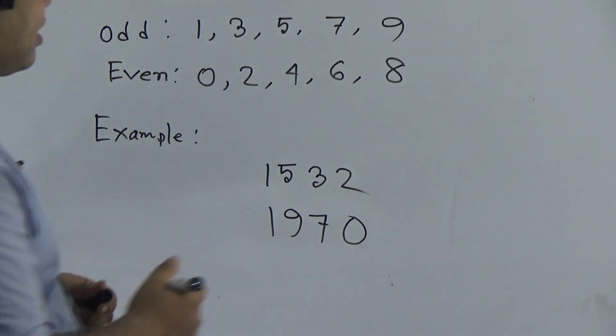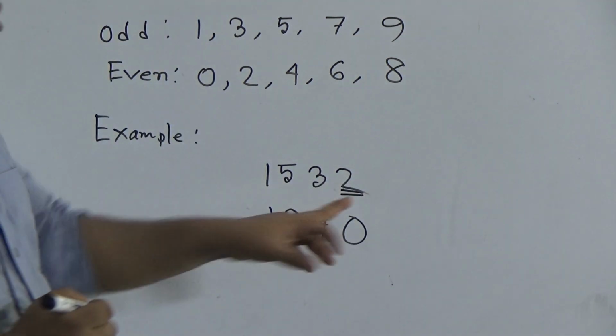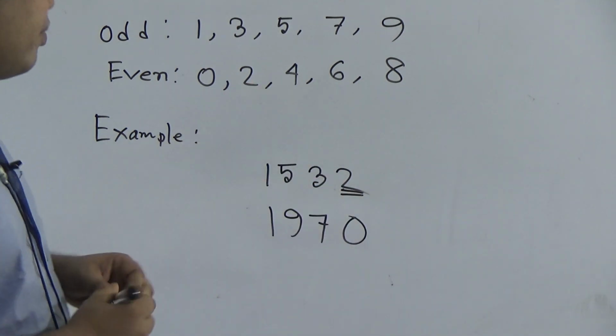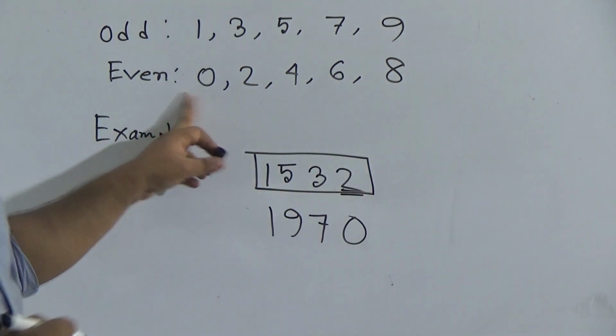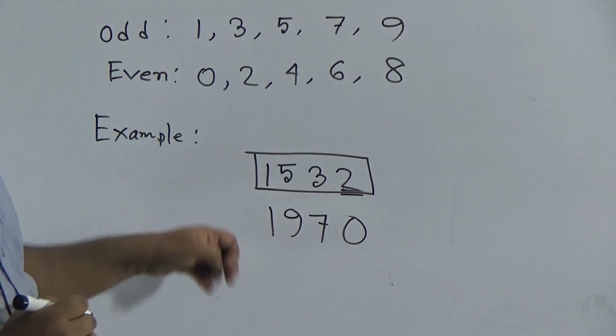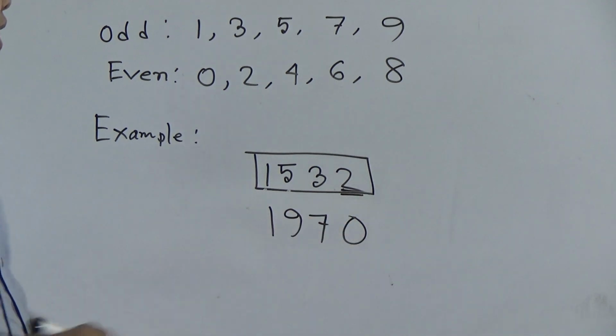Here you notice ones place number is 2 and 2 is the notation of even number. So, we can take a decision that the total number is even. As 2 is even number, so the total number is even number. So, we can say 1532 is even number. Okay, this is even number.